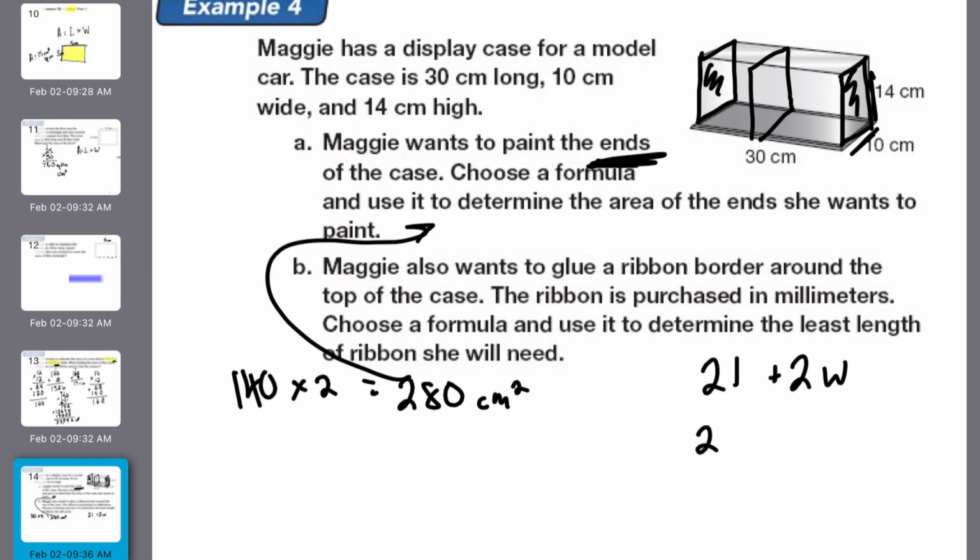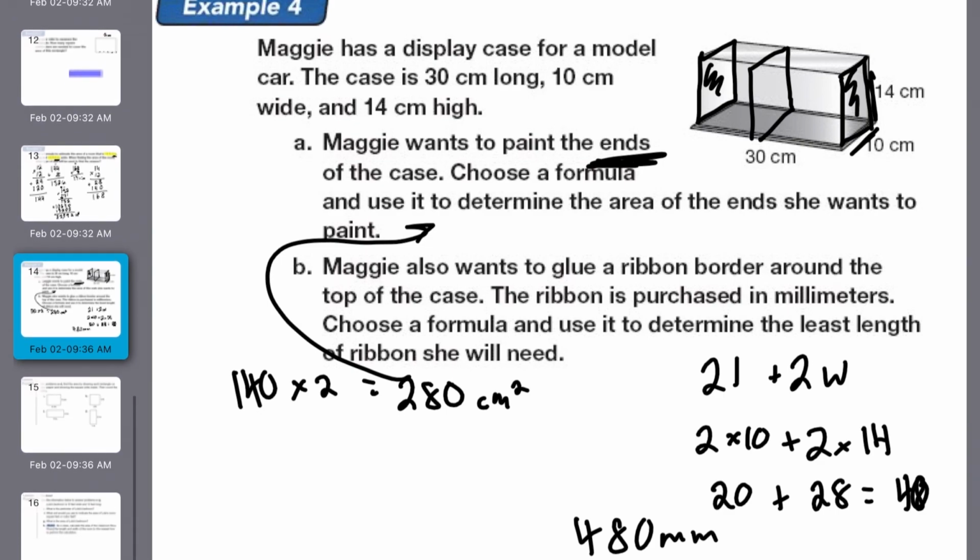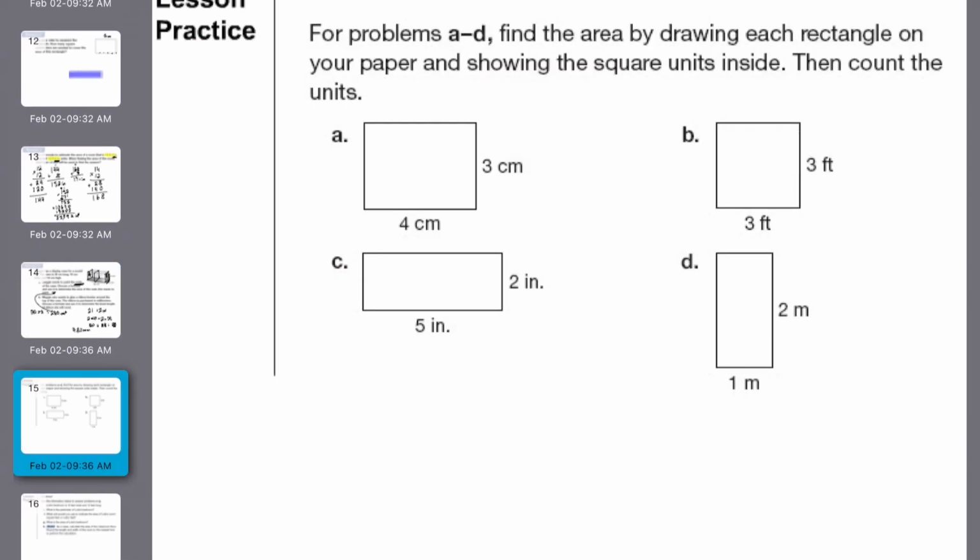So 2 times 10 plus 2 times 14 would give it to me. 48. So 480 millimeters. This is what the lesson practice looks like.